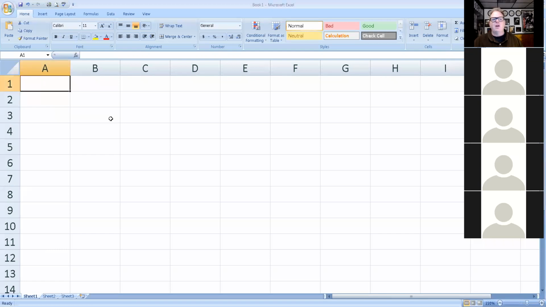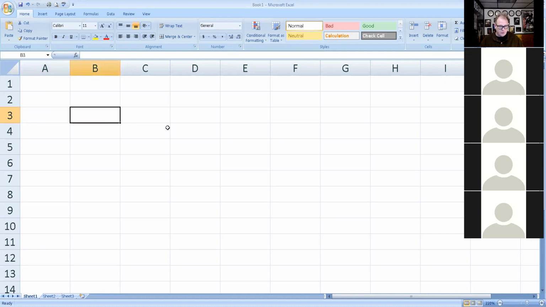Let me give you an example. Materiality depends on how large a company is.